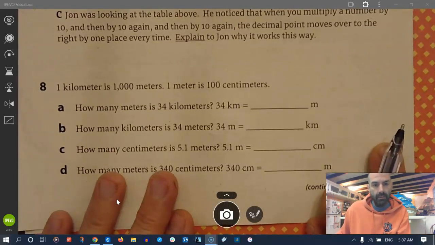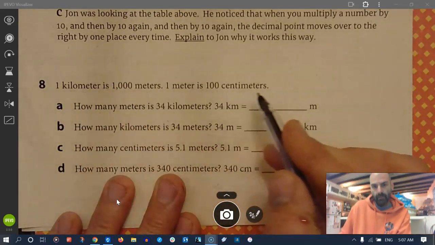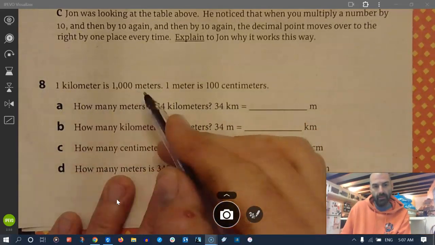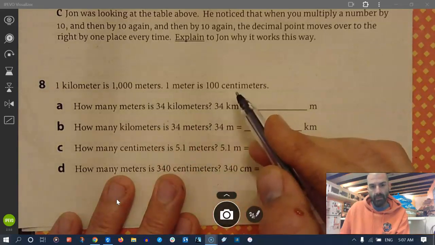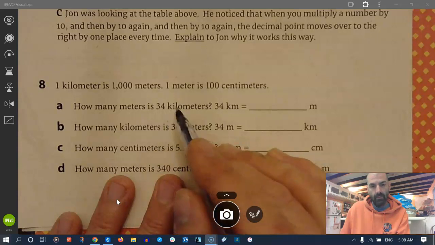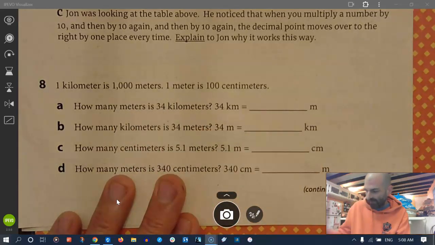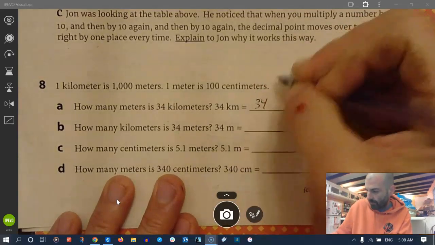Okay, how many meters is 34 kilometers? We have our guide here. A kilometer is 1,000 meters. 1 meter is 100 centimeters. So how many meters is 34 kilometers? Well, a kilometer is 1,000 meters, so this is 34,000 meters.